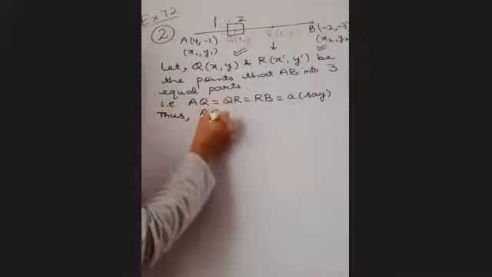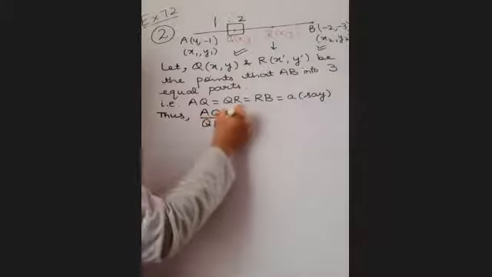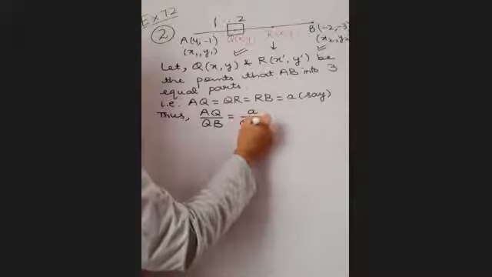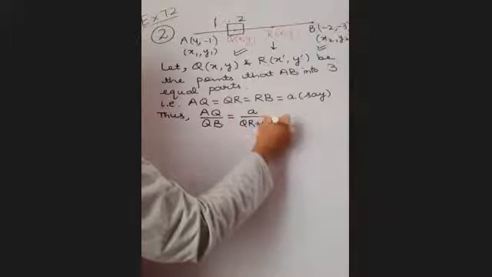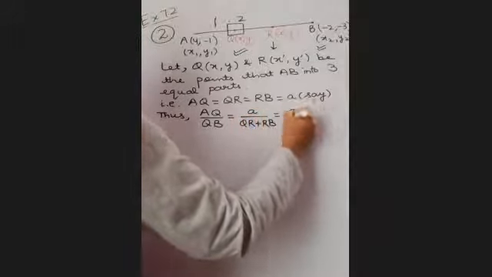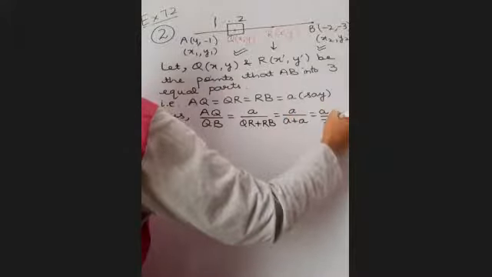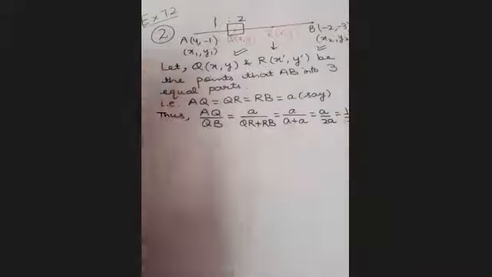Thus AQ upon QB is equal to a upon QR plus RB, which is a upon a plus a, a upon 2a, that is 1 upon 2.